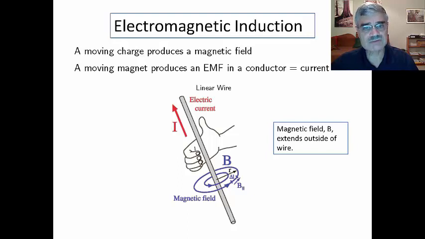Wow. A moving charge produces a magnetic field that can even extend beyond the wire. And we will see later that a moving magnet can produce electric current.